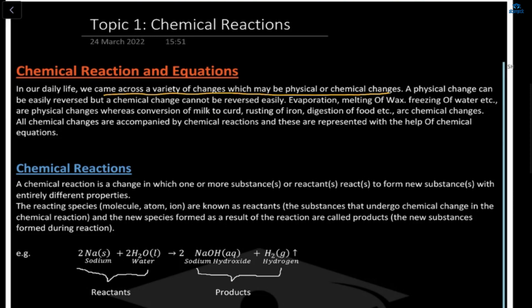Okay. Now, evaporation, melting of wax, freezing of water are physical changes, whereas conversion of milk to curd, rusting of iron, digestion of food are also chemical changes, right? Because we cannot reverse that digested food into a physical type of food, right?